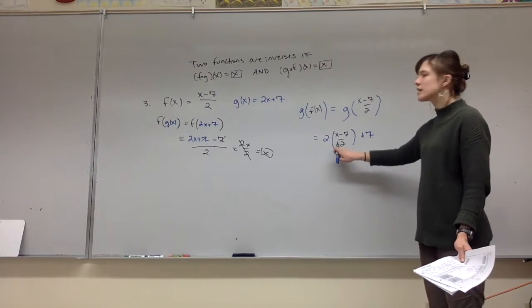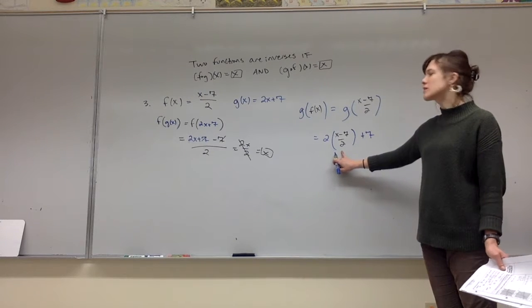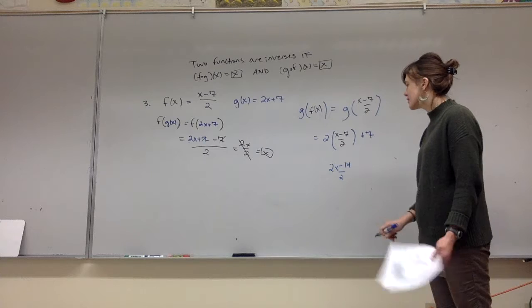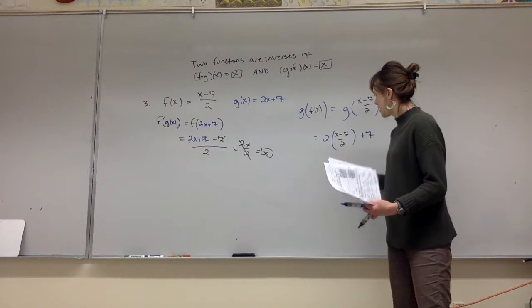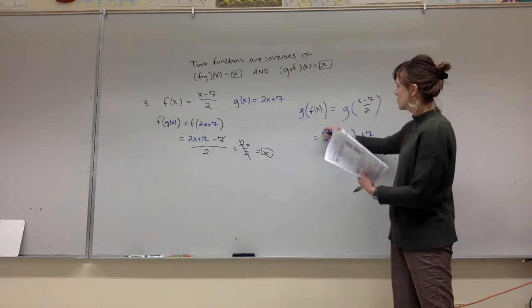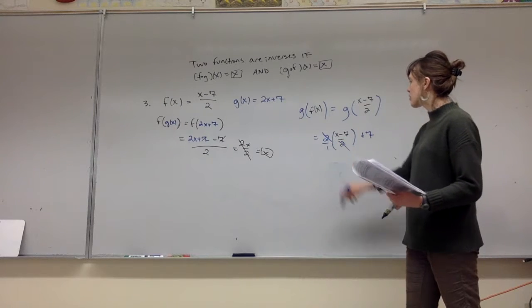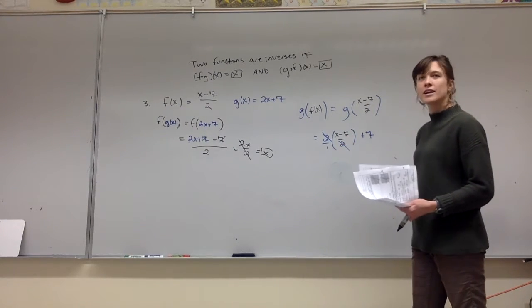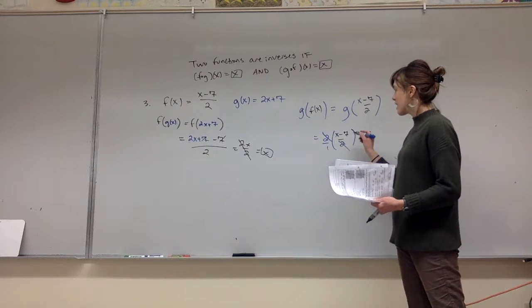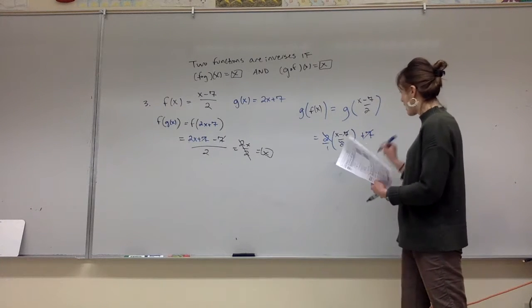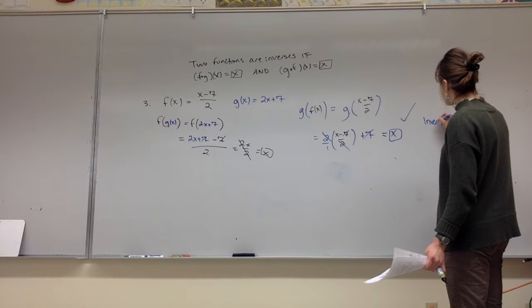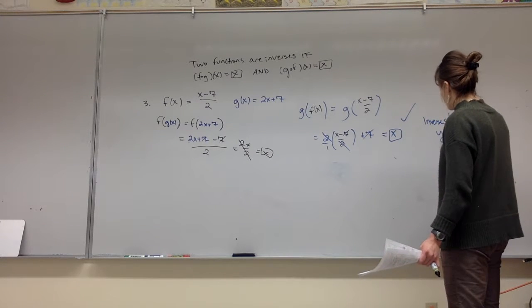So what can I do here to simplify this? Instead of distributing the whole thing, which would become 2x minus 14 over 2, what can I do instead? I can cancel out the 2's. It's the same thing as 2 over 1 times this fraction in here, so I can cancel out the 7's. Yep, so now the 7's cancel out, and I'm just left with x. So this is a pass, and they are inverses. Yay.